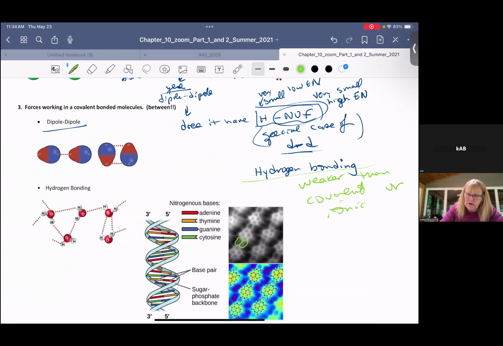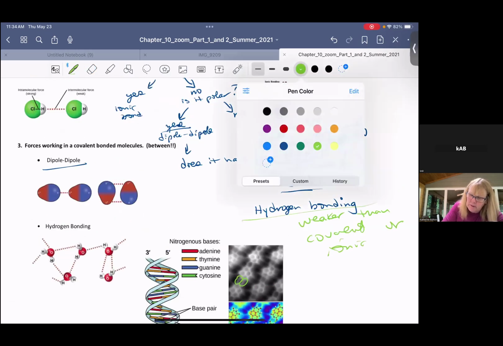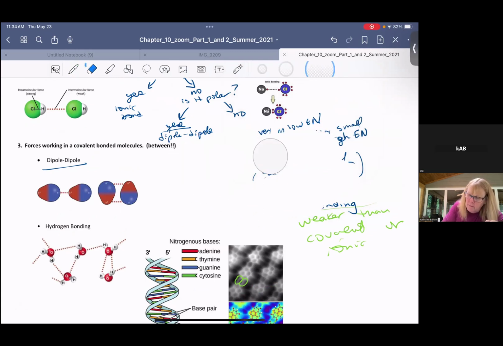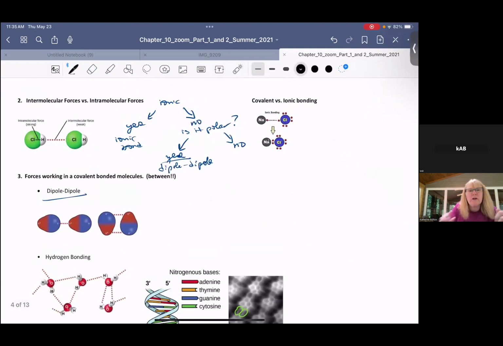So what are we going to ask ourselves as we go through here? If our molecule, if our species is ionic, okay? If it's ionic, we know what it's going to do. Is it polar? Yes. If it's got dipole-dipole, we have a second question. And our second question is, does it have HNOF?